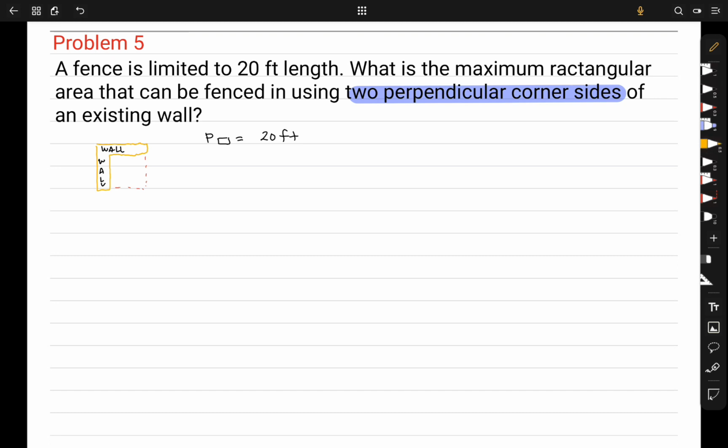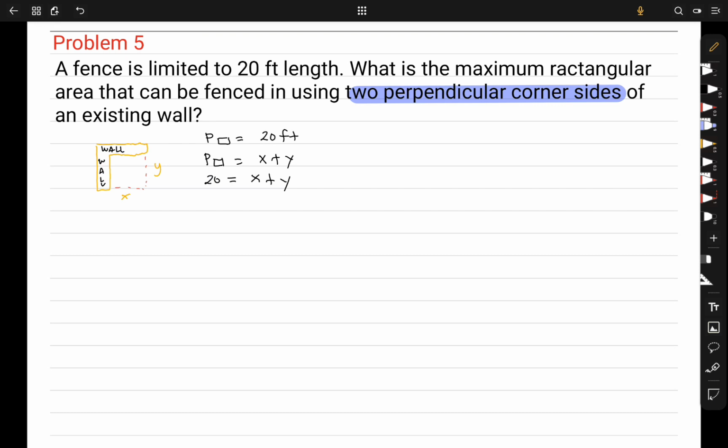So, our x is our length, our y is our width. So, in our condition, only two sides count for the perimeter. So, our perimeter is equal to x plus y. So, from there, we can equate our equation. So, 20 is equal to x plus y.